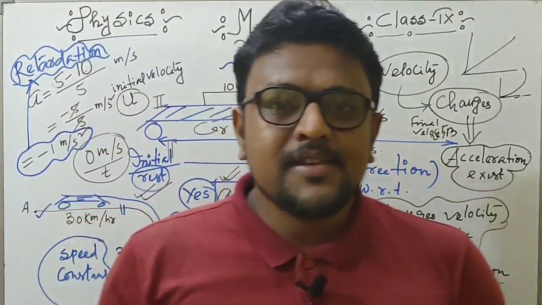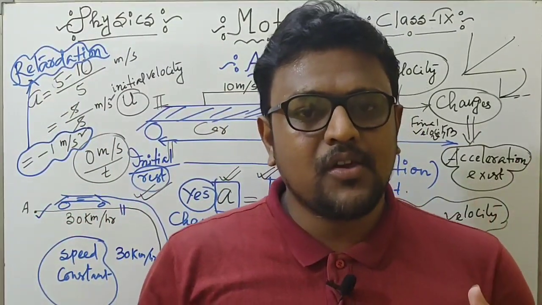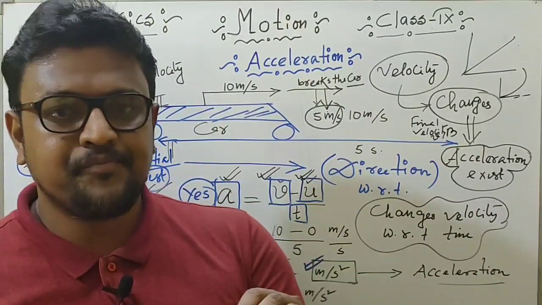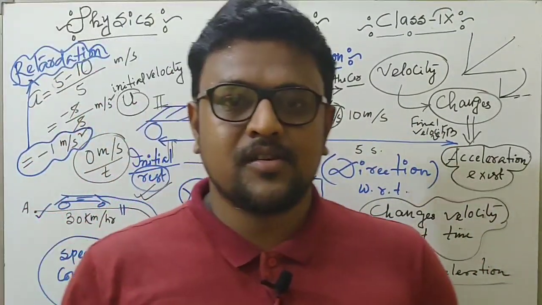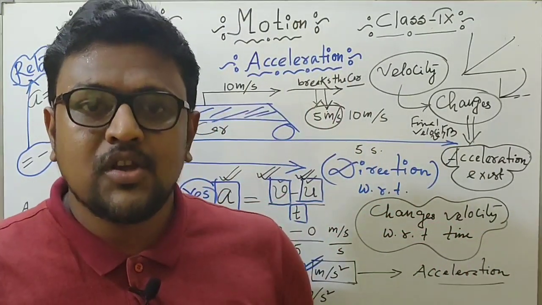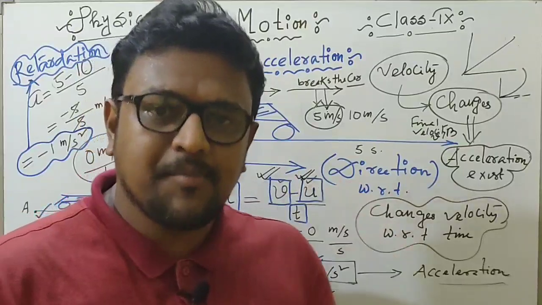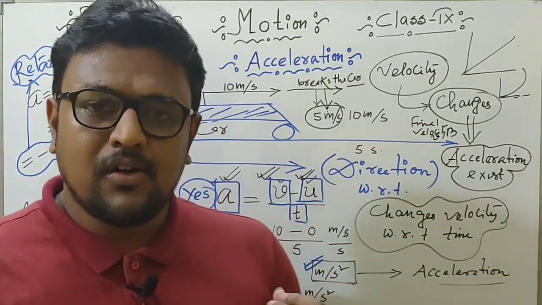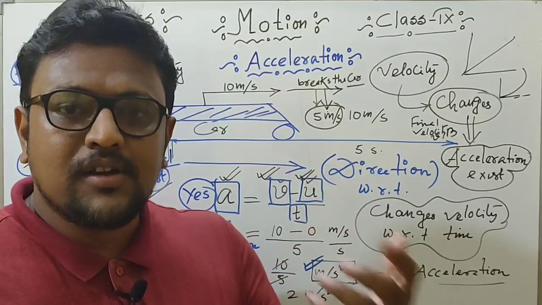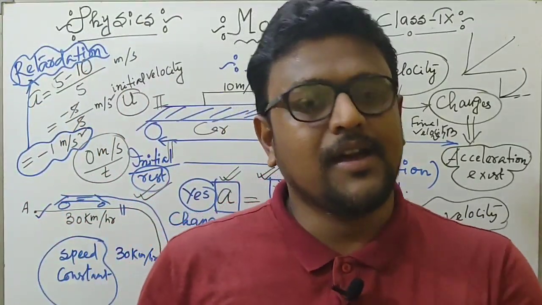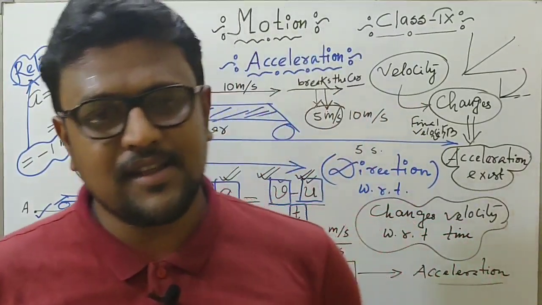So what is speed? Speed is a physical quantity from which we can learn whether an object travelling a certain distance is moving faster or slower. That is total distance over the time taken, called average speed, or you can say speed is equal to distance over the time taken, where there is no particular direction. That's why it's a scalar quantity.